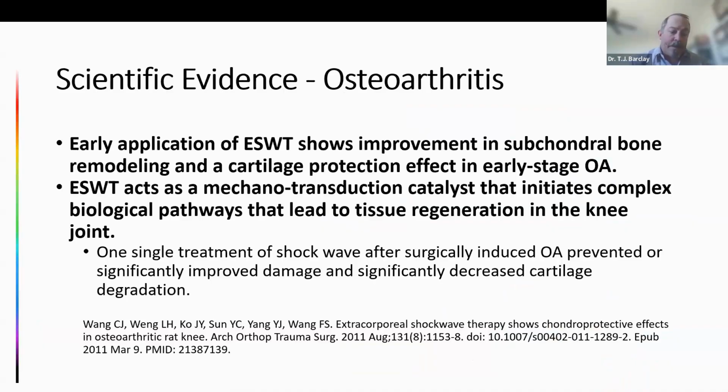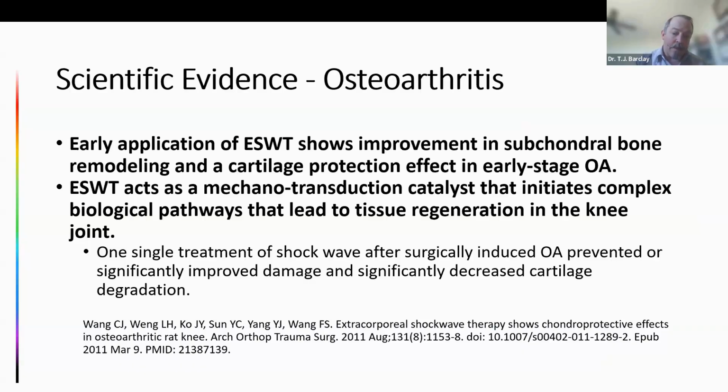This study here was one that was done in rats, but it was some really nice work done on Shockwave and its effect on OA. There were 72 rats in this study.